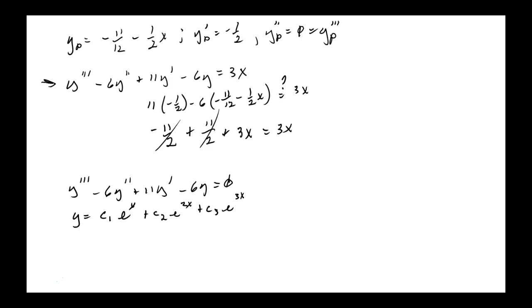And since that was the general solution for the homogeneous case, we now call it y sub c, the complementary solution for the non-homogeneous case of that same thing on the left.